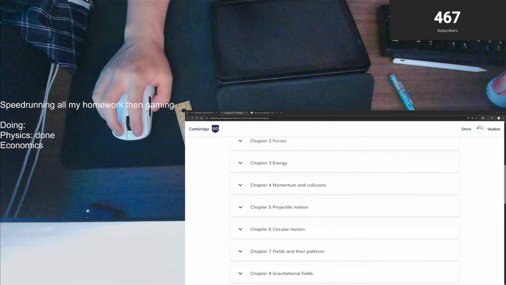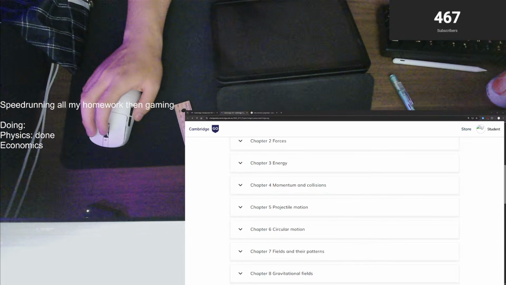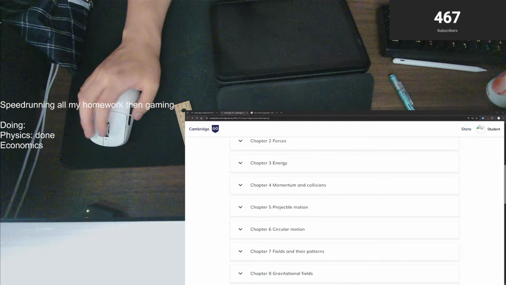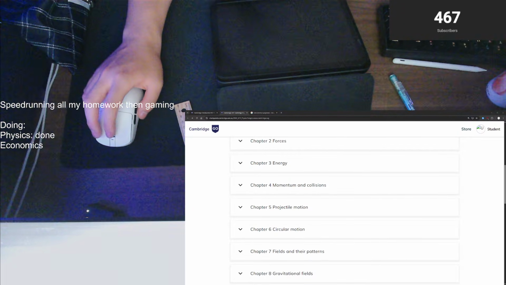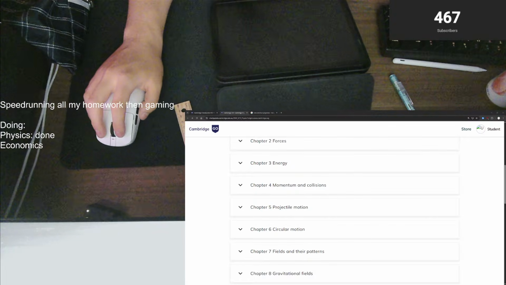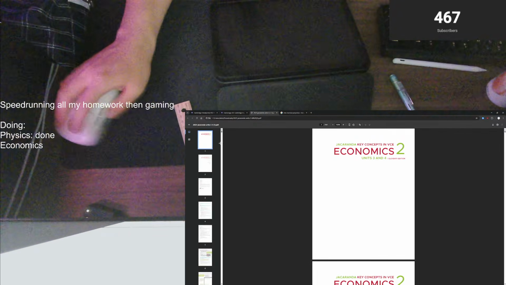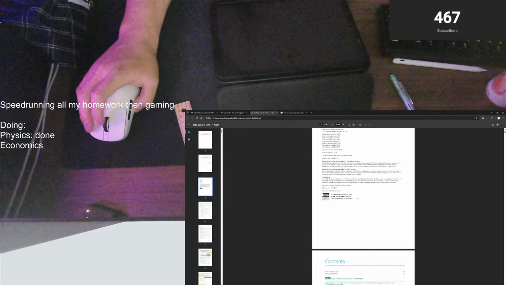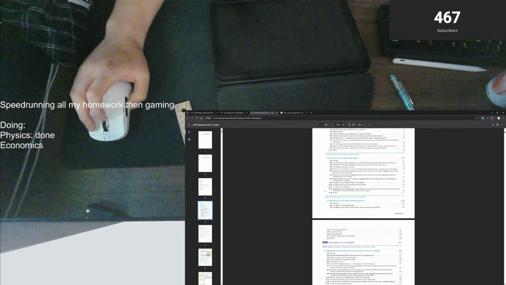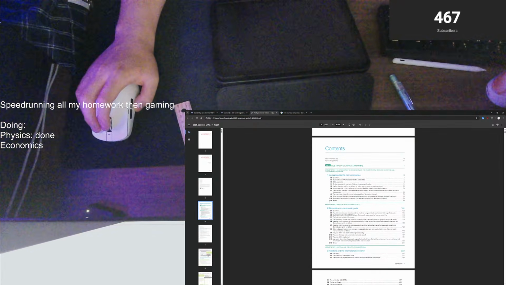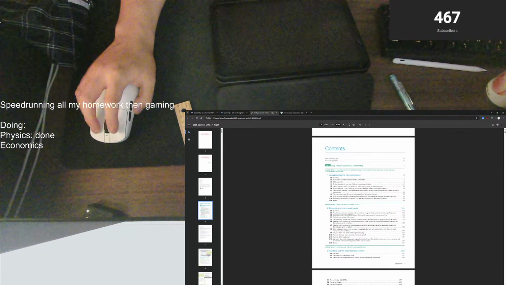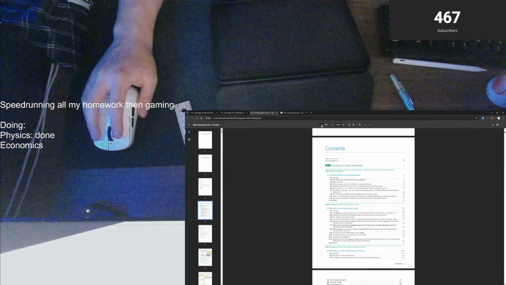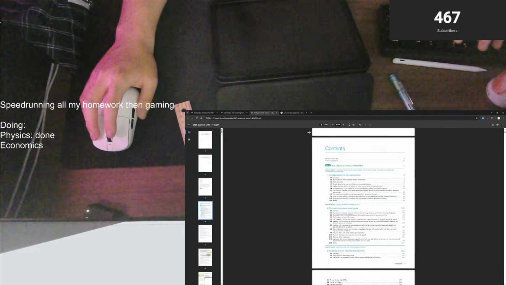Now we're doing economics. Economics is not hard, so yeah. Economics is not going to be hard. Supply, demand, something, something. Yeah, facts. 1.8, page 53. Go to page 60.